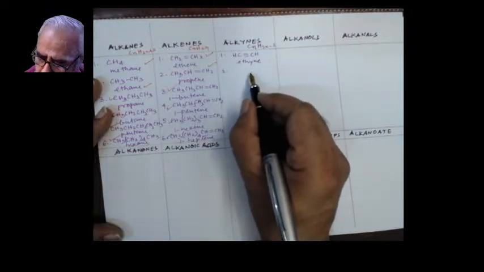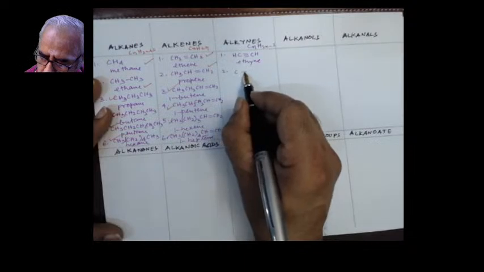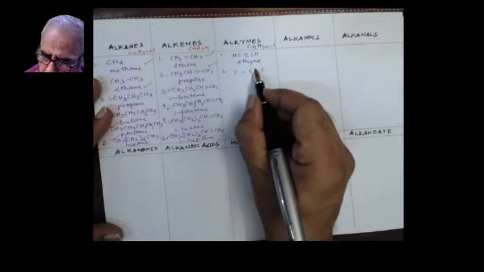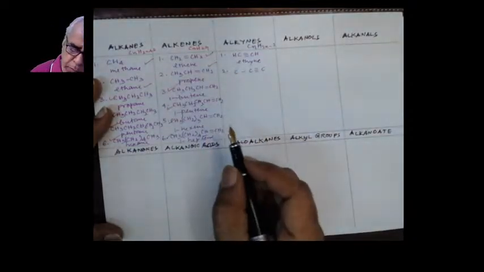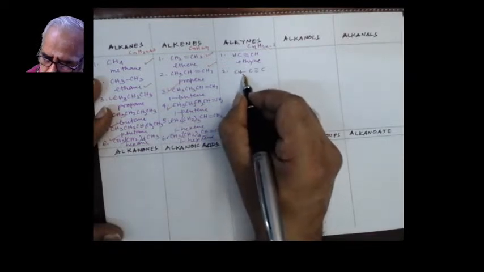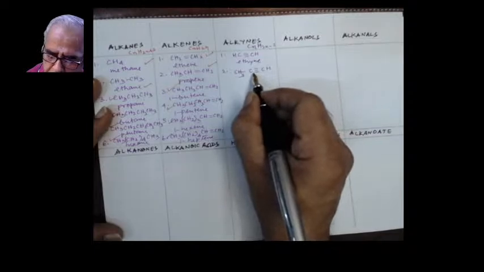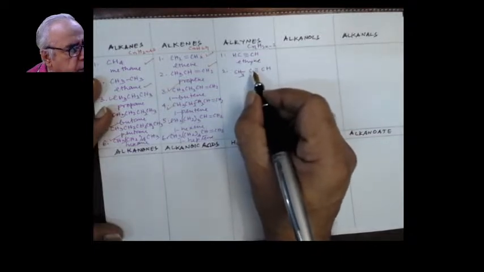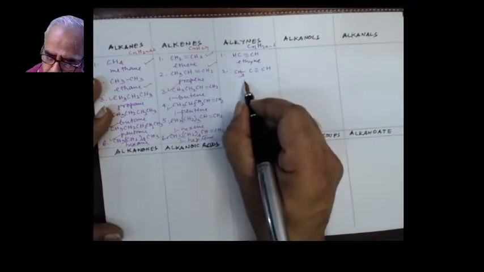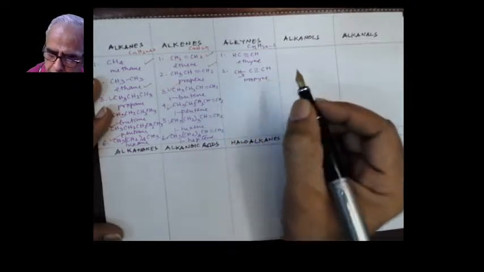So here you can put once again 3 carbon atoms. 1, 2, 3, and draw a triple bond, and fill up with the hydrogen. CH3, H. You cannot introduce any hydrogen here because it is already satisfied with 4 valency. So what do you call it? Propyne. Take down propyne. So this is the way you have to write.